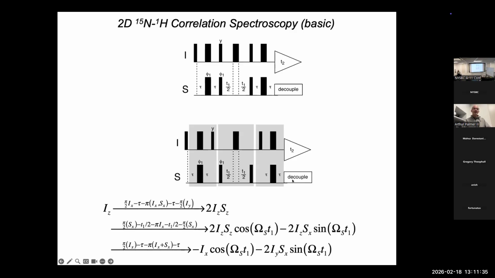So here we'll get chemical shift evolution of the S spin, but we'll refocus the J coupling. Do we have to worry about chemical shift of the I spin? What's the I spin operator during this period?